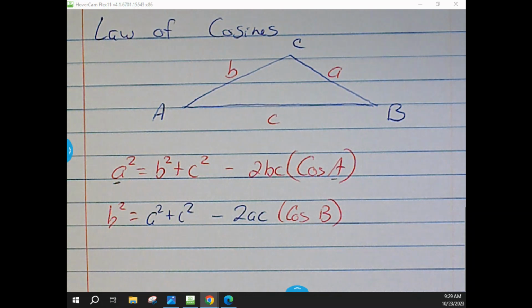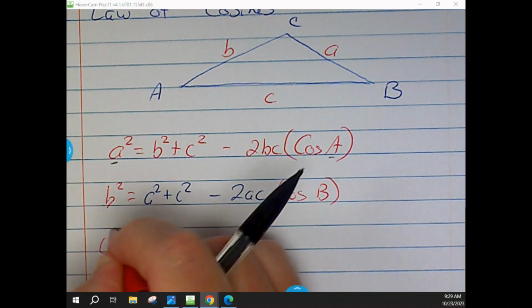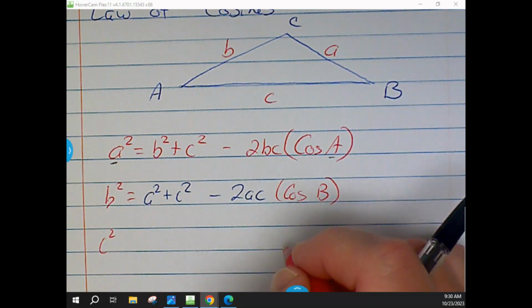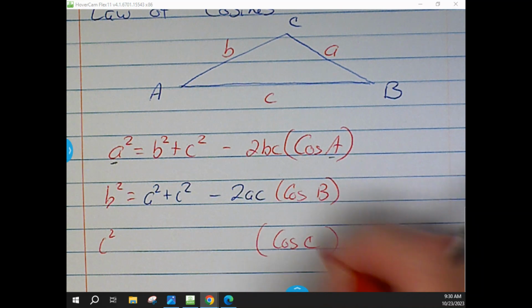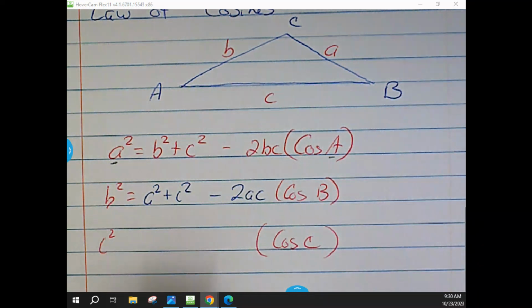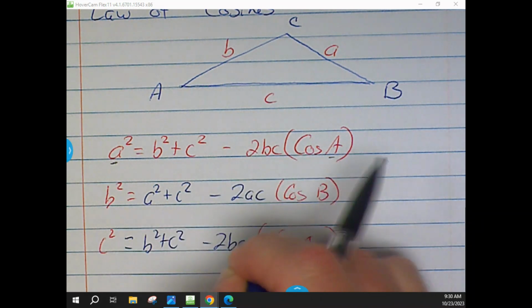If you can memorize one, they're all pretty much the same way. If you do c squared here, you're going to do the cosine of c here. And then in the middle, it's going to be the other two sides, so this will be a squared and b squared, and this will be 2ab.